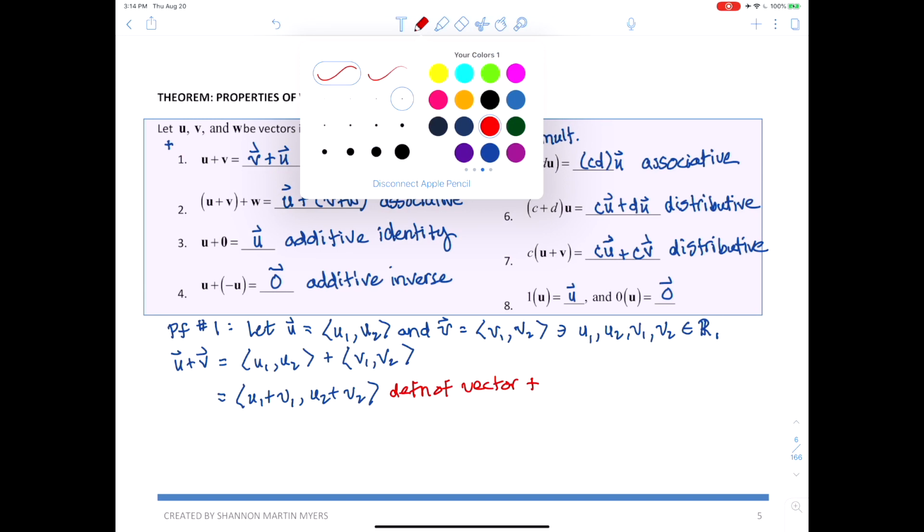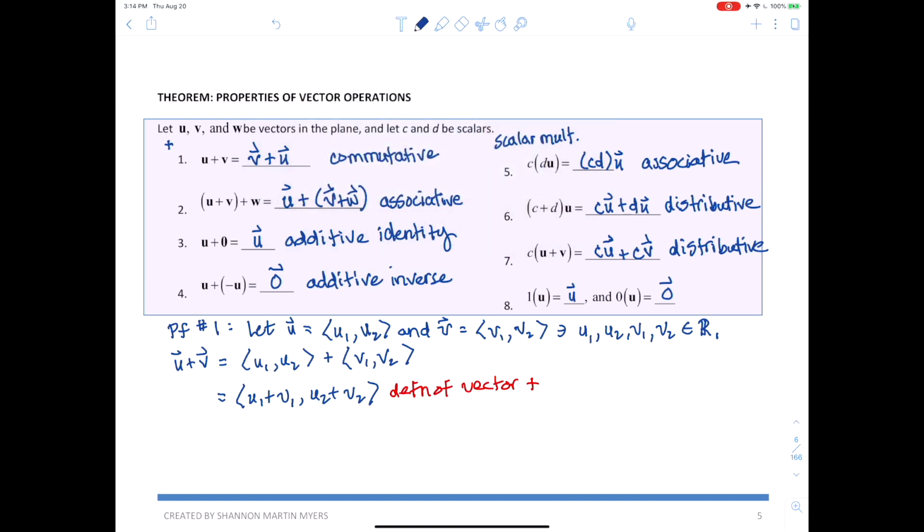And then, continuing, that's going to equal, well, what about the real numbers? Don't we already know all this stuff about the real numbers? Aren't they commutative? So we can say this is equal to (V1 plus U1, V2 plus U2), and that's because this set of real numbers is commutative.